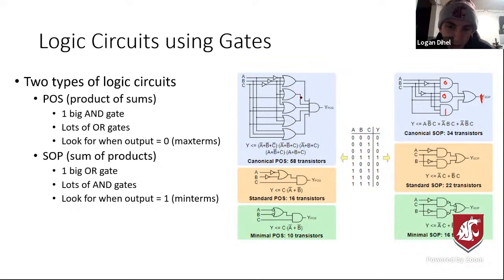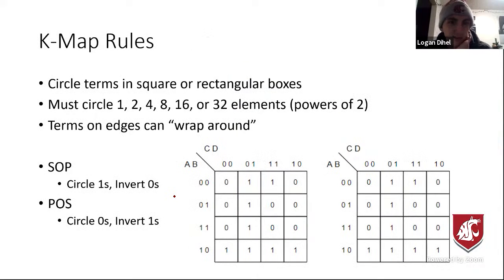All of these have to be 1s for us to get a 1 on the output. If any one of these is a 0, then the output is going to be a 0. The way we do POS is we look for max terms, which is when the output is 0, and for SOP we look for the min terms, which is when the output is a 1. I have an example of that on the next slide with K-maps.